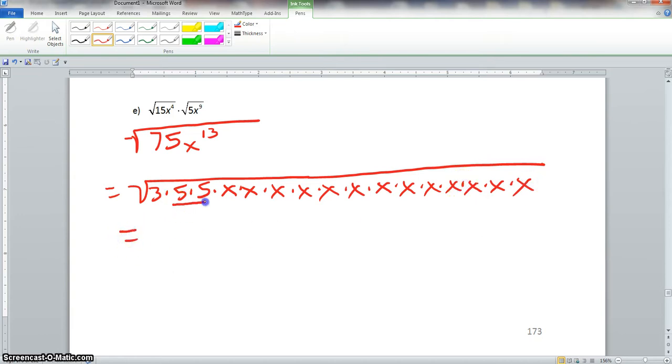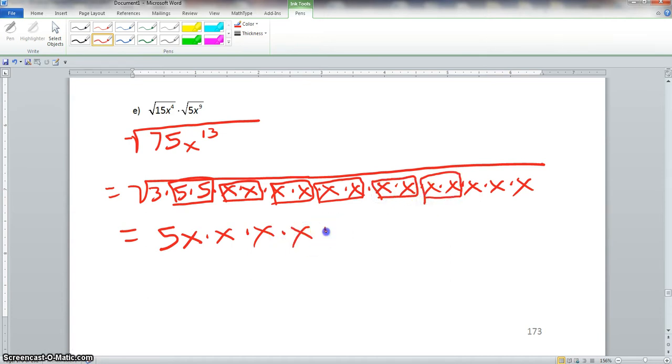Okay, now it takes 2 to bring out 1, so we add 2 5s. We bring this x out. We have another set of x's. We have another set. Another.